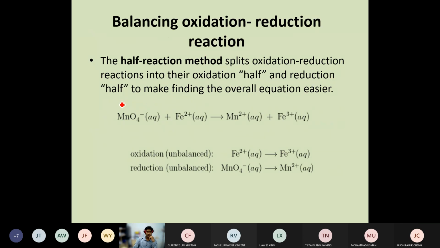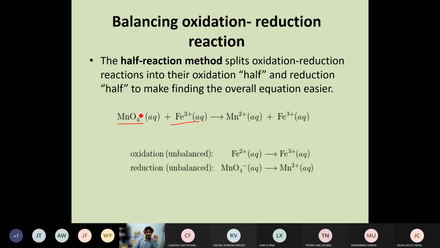How do we balance an oxidation reduction? As we said, use the half reaction method, just break it into halves. First, identify where oxidation is happening and where reduction is happening. Oxidation is one half reaction, reduction is the other half reaction, and then later on we'll combine both together. For example, manganate ion and iron ion, ferrous, in fact, ferrous means 2, right?